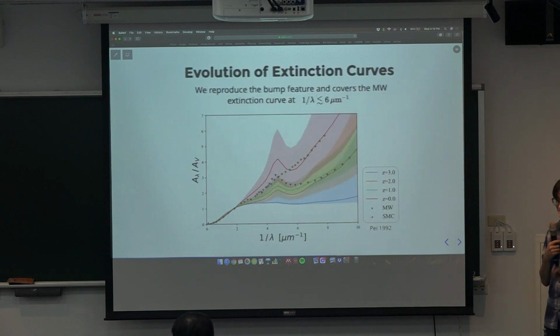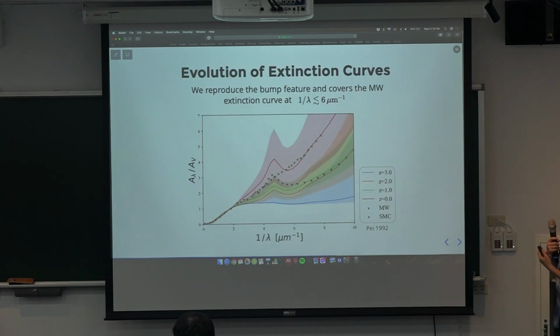So after we have the grain size distribution, we can calculate the extinction curve. This dark blue dot is the measurement from 1992, the Milky Way extinction curve.